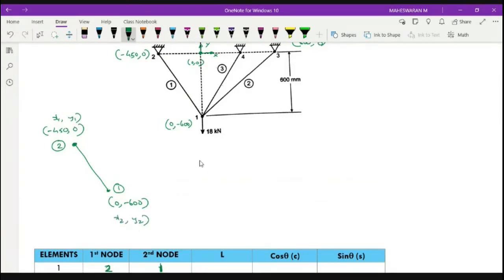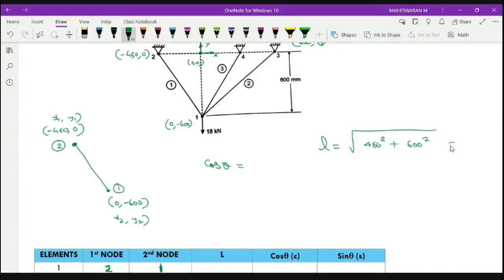So let's identify my cos theta. Cos theta is x2 minus x1 divided by L. Before that, I have to identify L. L is the root of x2 minus x1 the whole square plus y2 minus y1 the whole square. So 0 minus of minus 450 whole square, which is 450 square plus 600 square.